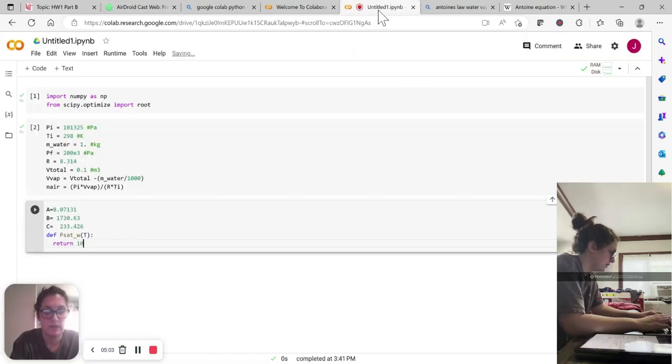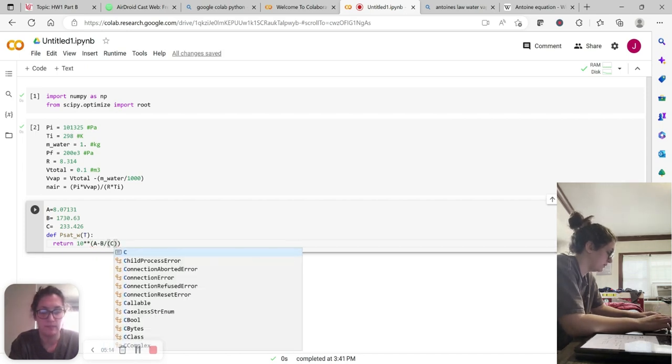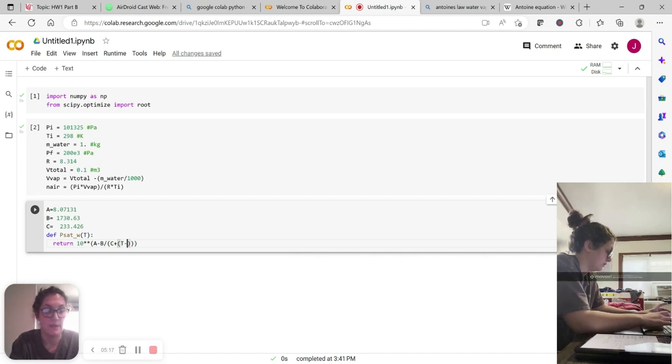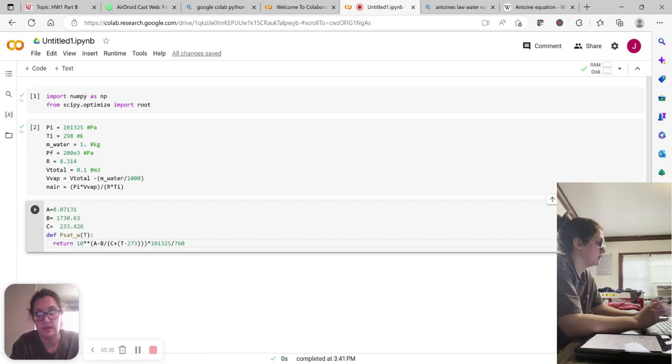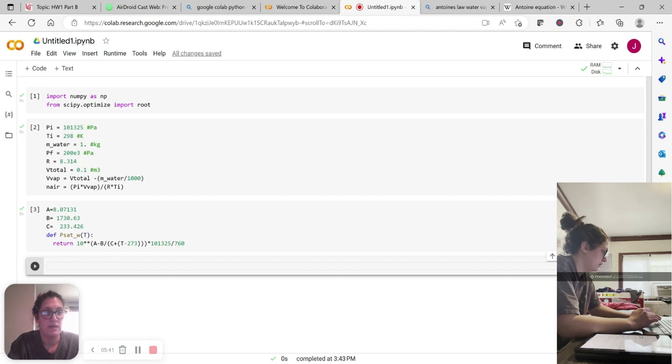So that is 10 to the A minus B over C plus T minus 273, my parentheses, we're all set. And then that is going to be multiplied by 101,325 and divided by 760. And again, that was to keep all of our units consistent. And that is all good.